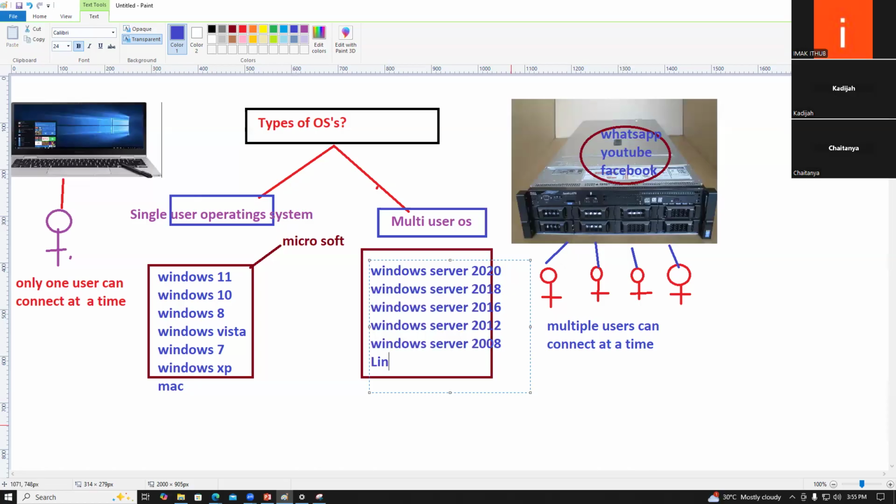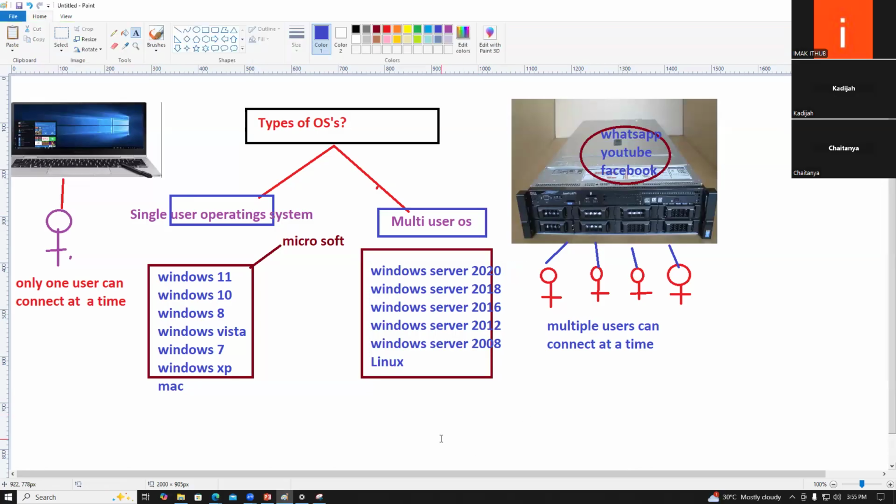Linux is also popular as a multi-user operating system. All Windows servers are developed by the Microsoft family, and Linux is also popular as a server side operating system.